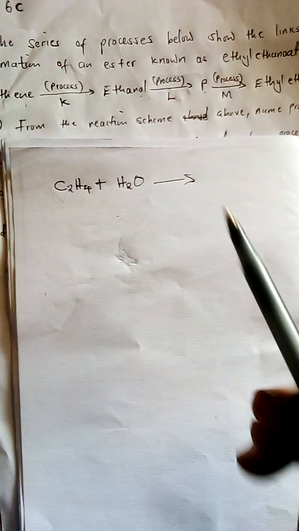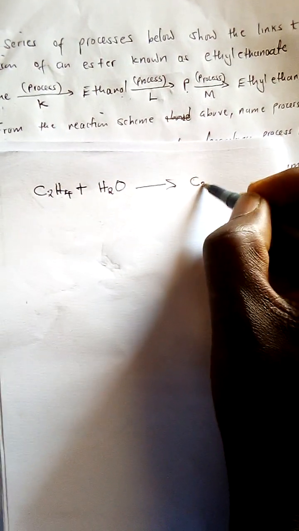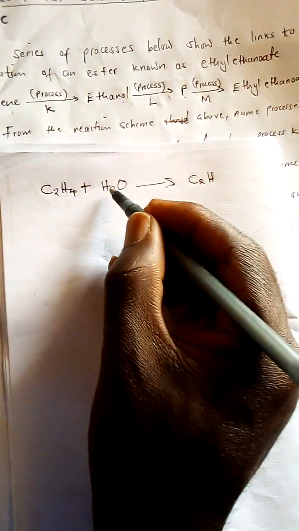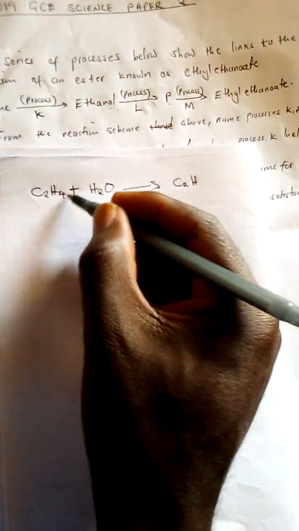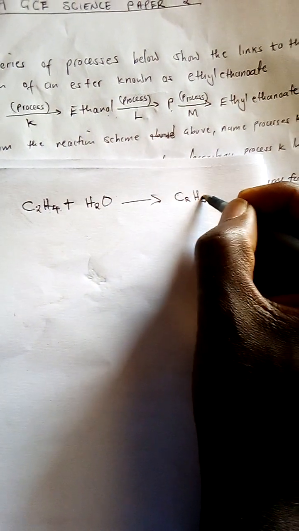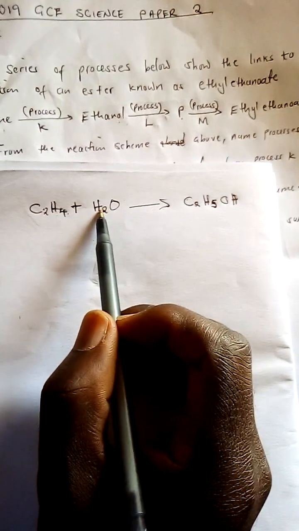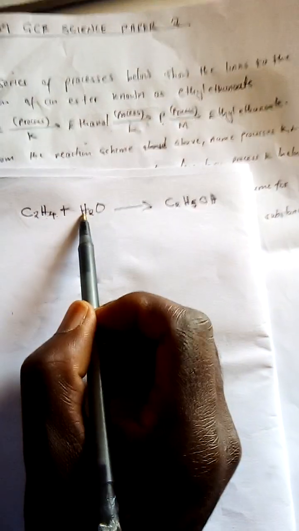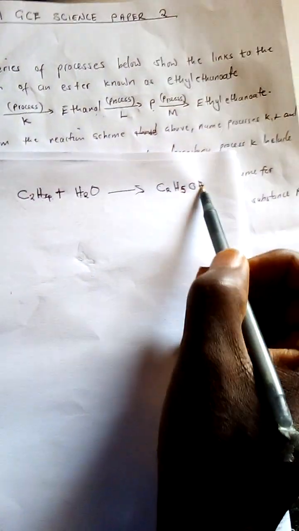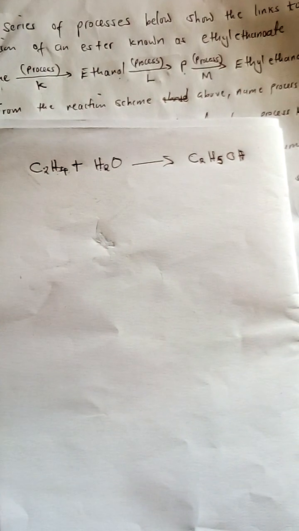We get one hydrogen, we put it there, we've got 5 hydrogen, and then with OH. The OH which is remaining, since we got one hydrogen, that is the functional group for alcohols.